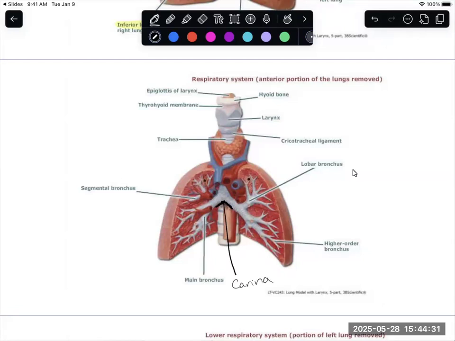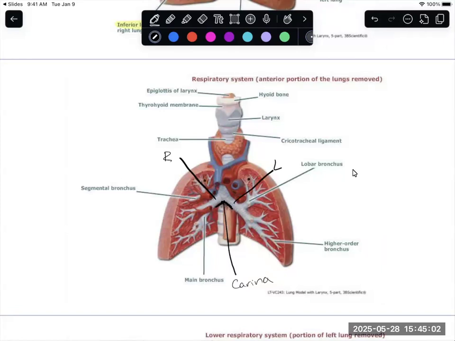That carina is an area where if something hits it, it's going to force you to start coughing, to try to cough it back up. But this is where our trachea separates into our right and our left.